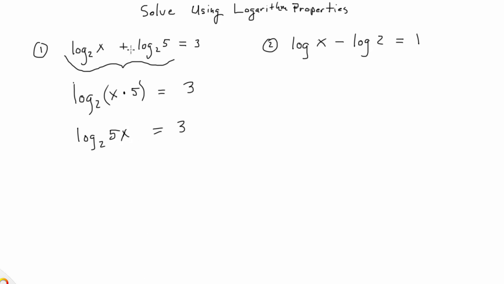Okay, now I took those two logs and combined them into one. Now I can rewrite. So this is just a rewriting we did. And I'm rewriting here because this x is not up in the exponent. If the x were up here in the exponent to the 5, I would use the power rule. But this one we're rewriting.